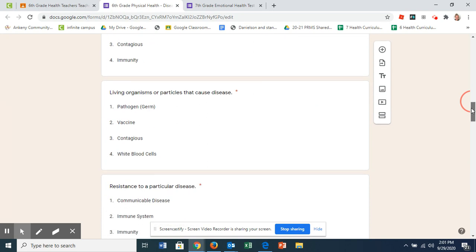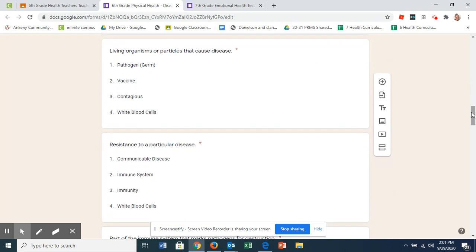Next definition: living organism or particles that cause disease. 1, pathogen or germ. Number 2, vaccine. Number 3, contagious. Number 4, white blood cells.